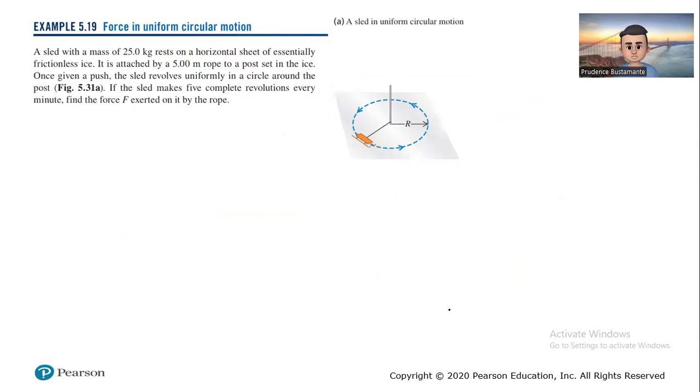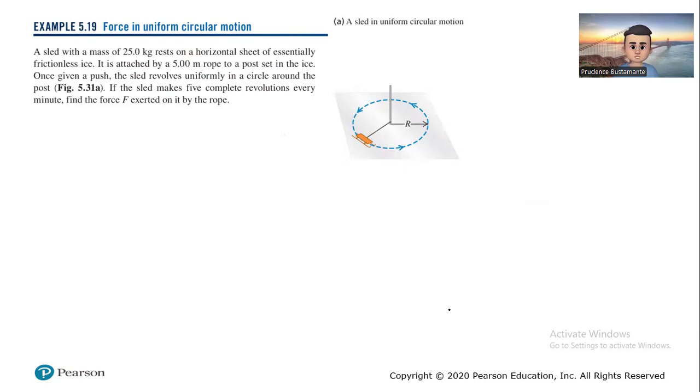So let's try this one on a problem. We have a sled of mass 25 kilograms resting on a horizontal sheet of essentially frictionless ice. It is attached by a 5.0-meter rope to a post set in the ice.